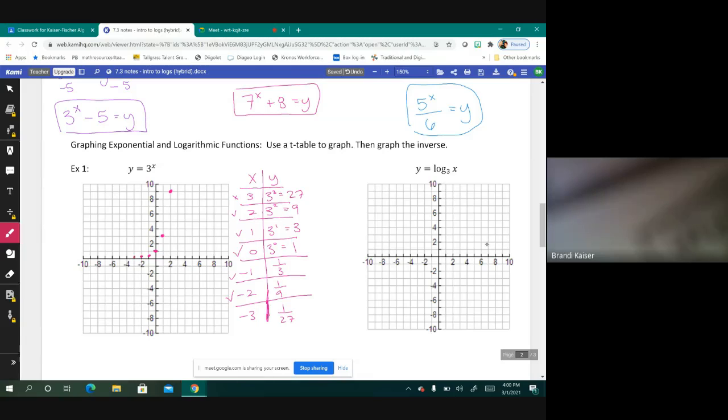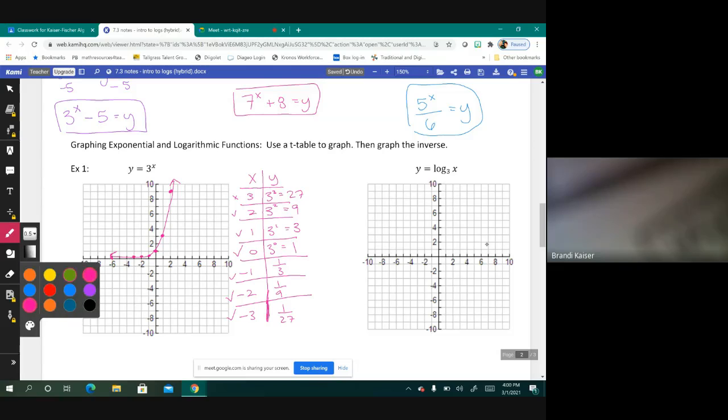So -3, 1 over 27 is also a fraction. Remember, they will hover right above that x-axis, but they will not go below it. When I go to connect these, make sure it does have arrows on both ends because it does go on forever and ever, even if we only see this little snapshot of it. Okay, and there's our exponential function.